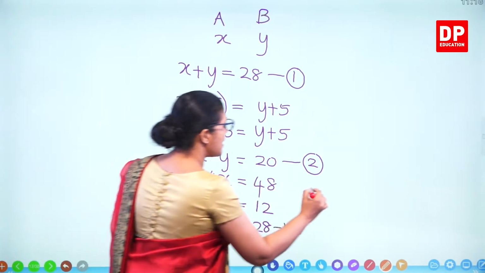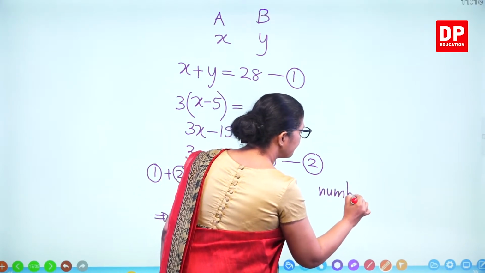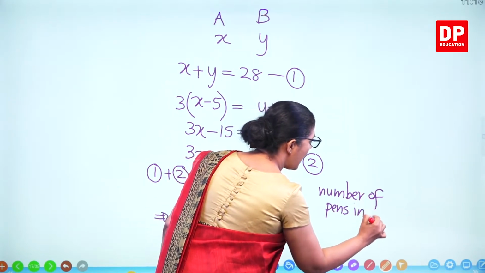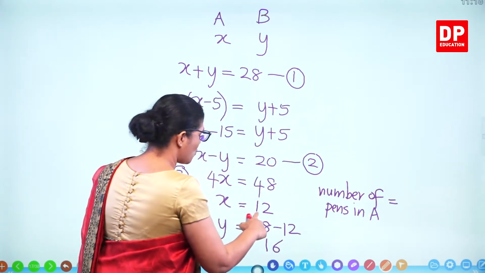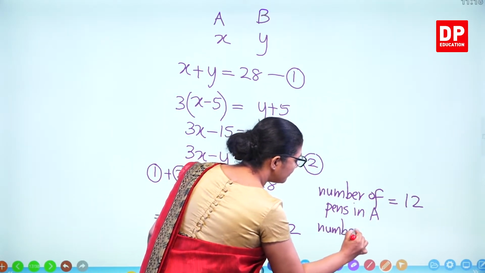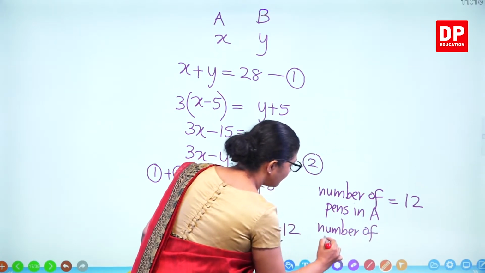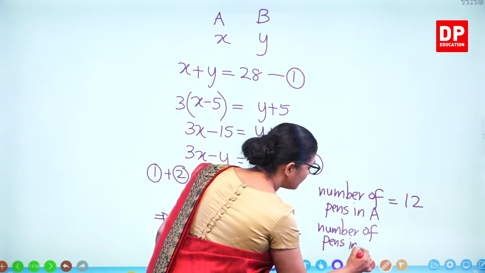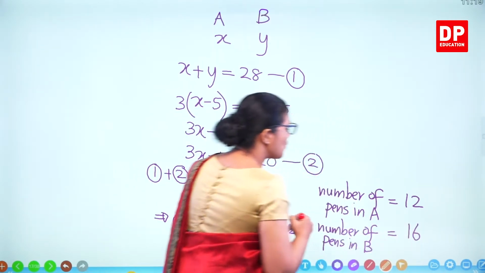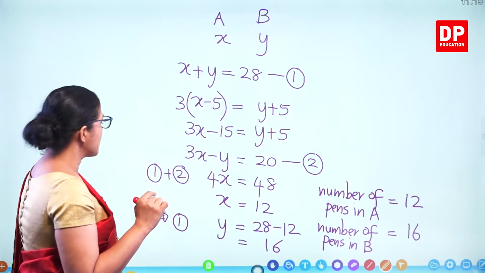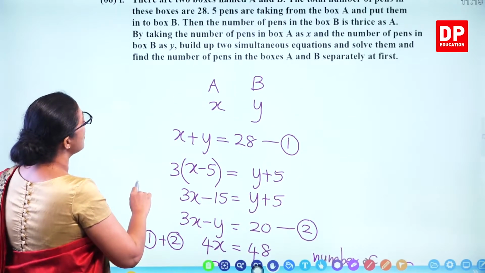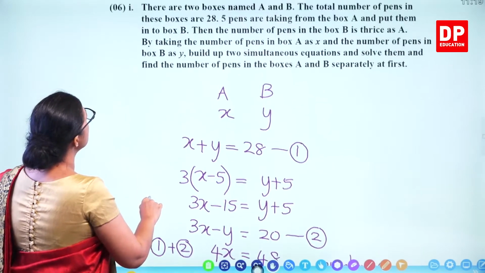So that means number of pens in A, that's x, that's 12. Number of pens in B, that's 16. So those are the two answers. So we can give marks now. This whole question is part 1.